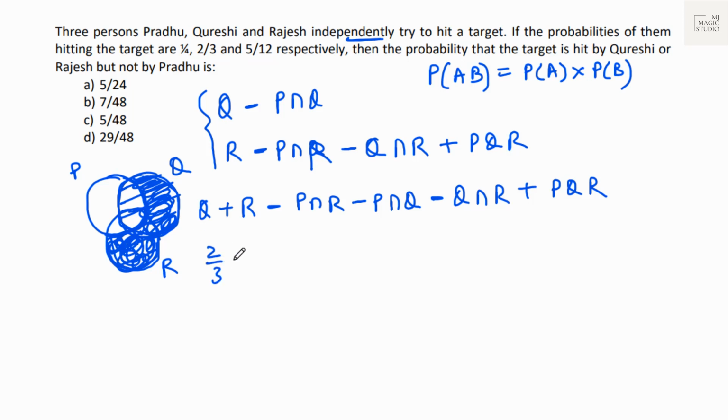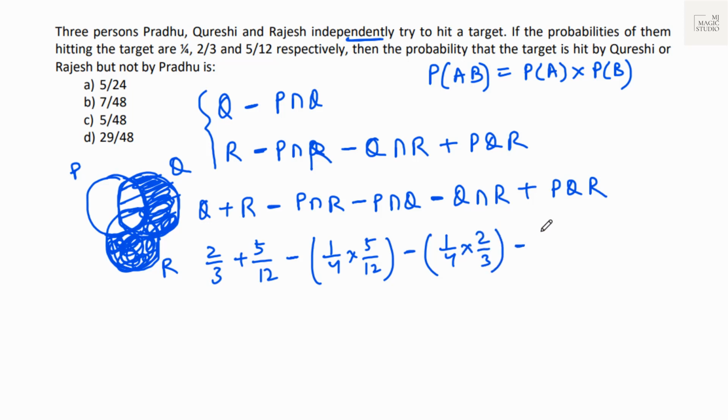Probability of Q is 2 by 3 plus R is 5 by 12 minus P into R, 1 by 4 into 5 by 12 minus P into Q, 1 by 4 into 2 by 3 minus Q into R, 2 by 3 into 5 by 12 plus PQR, 1 by 4 into 2 by 3 into 5 by 12.